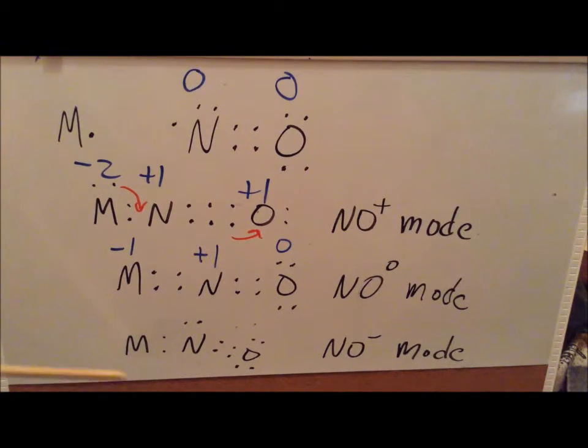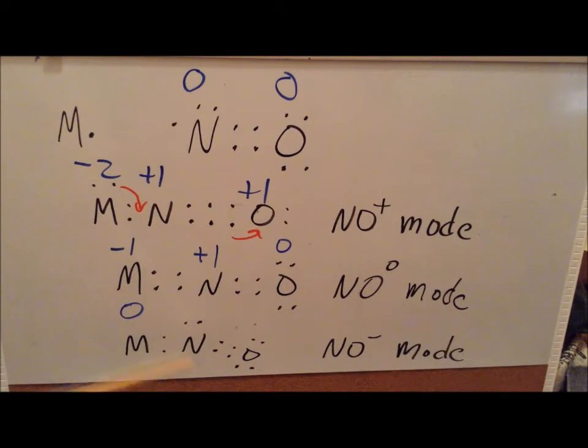It has no lone pairs, and it has two bonding electrons. So 1 minus 0 minus a half of 2 gives us a total of 0 for the formal charge on the metal. So it's been able to go from having a formal charge of -2 to -1 to 0, which is a more reasonable formal charge for a metal.